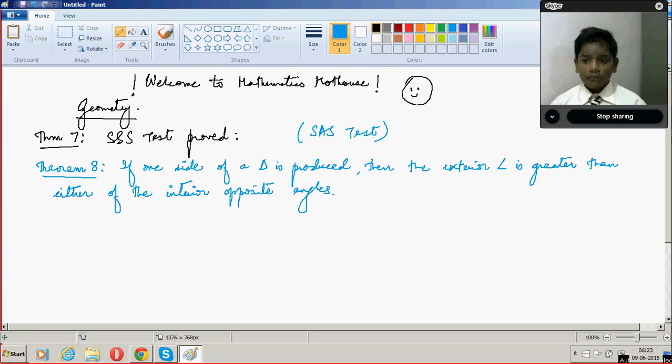So here goes the diagram. Whether you call it diagram or construction, it is one and the same.